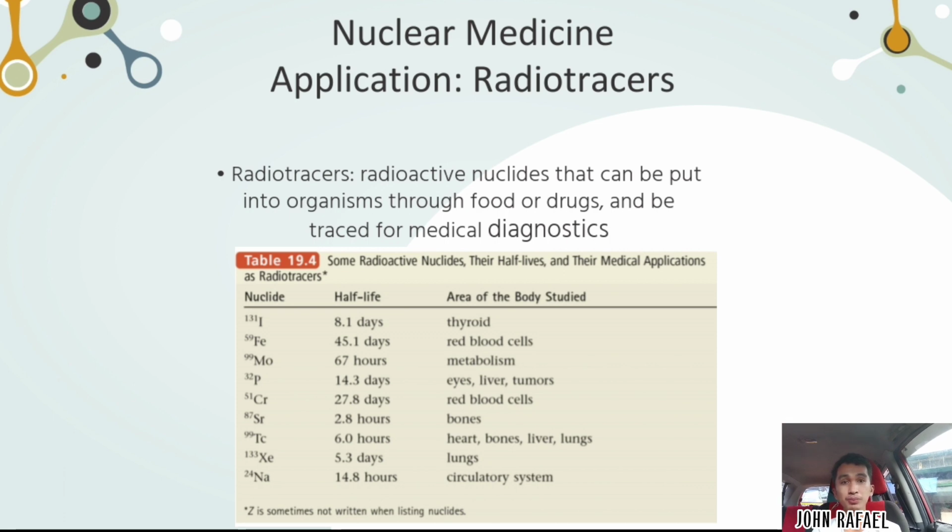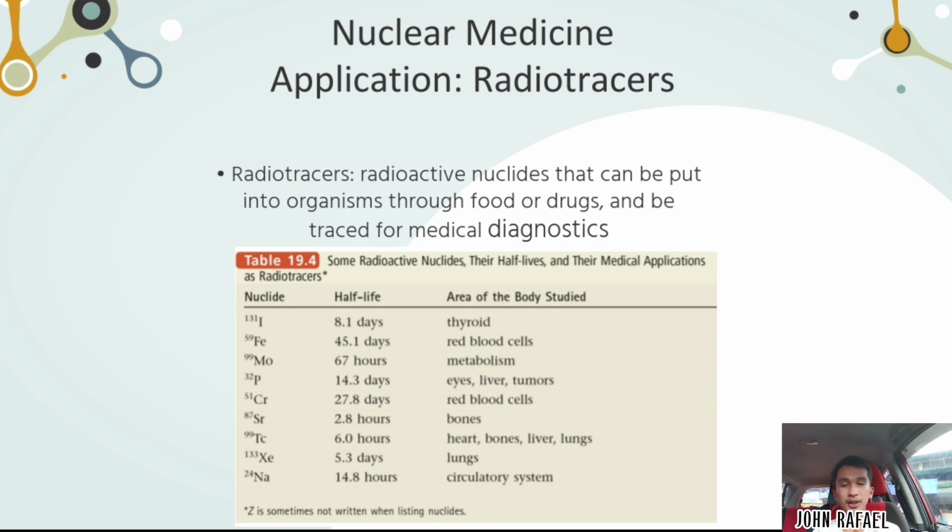Next is chromium 51, which has 27.8 days of half-life, and the area studied is red blood cells.